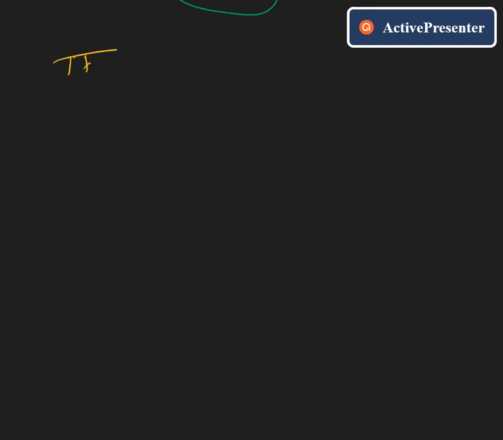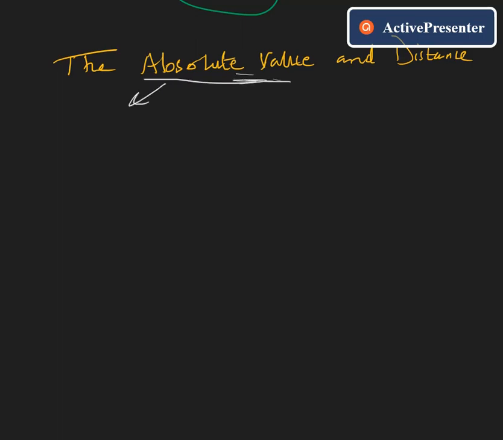Now we will discuss the absolute value and distance. The absolute value, for example, of 3 is equal to 3.